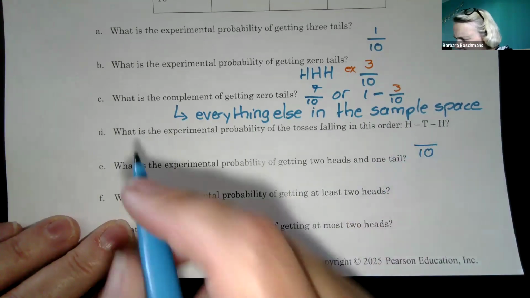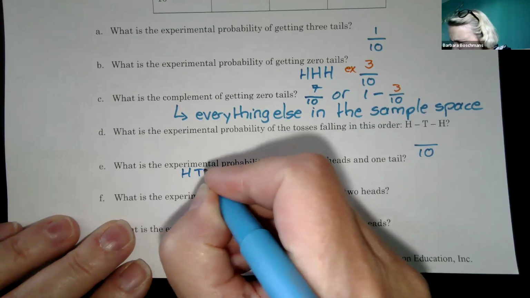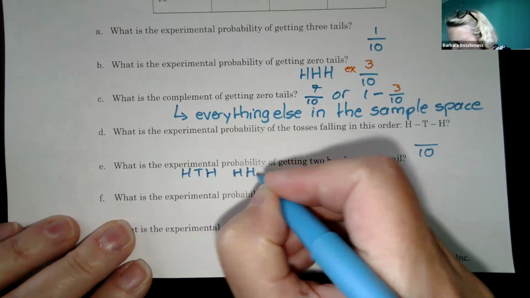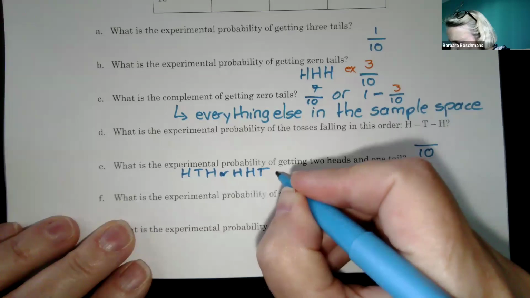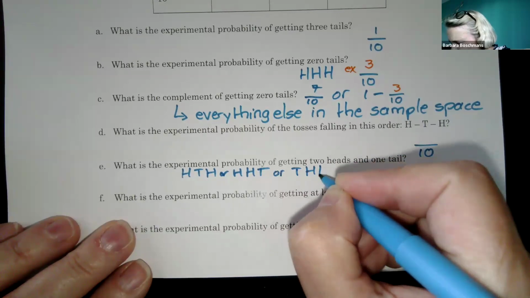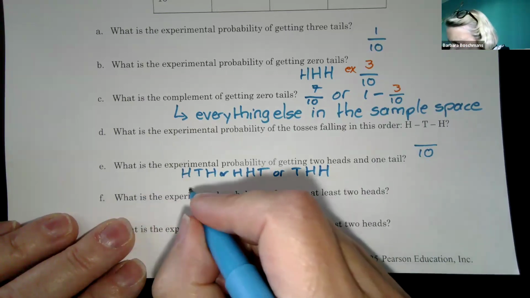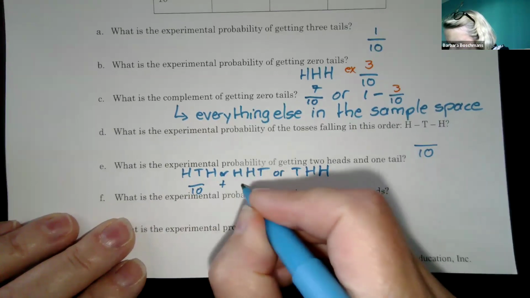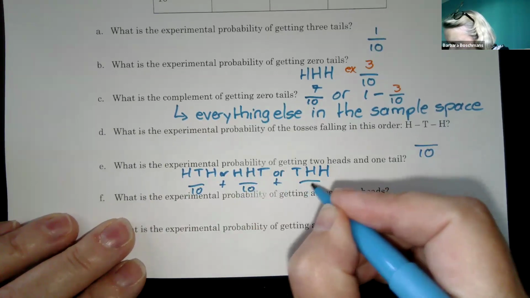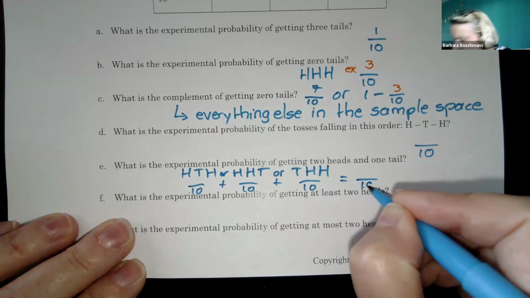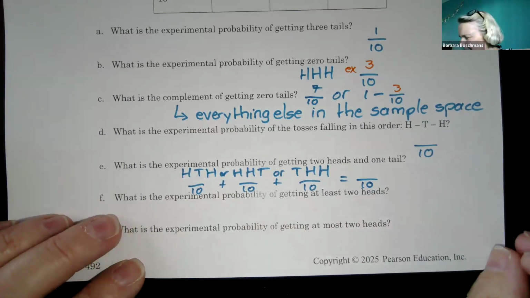Well, 2 heads and 1 tail could be heads, tails, heads, could be heads, heads, tails, or tails, heads, heads. Those are the different combinations you can have that would be getting 2 heads and 1 tail. So you can figure this out of 10 and add them together and get a probability out of 10.